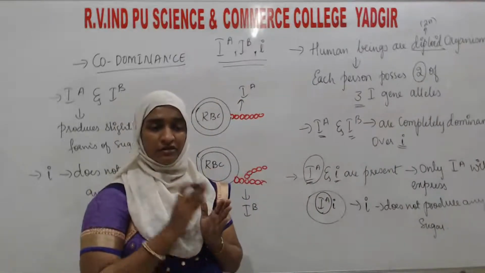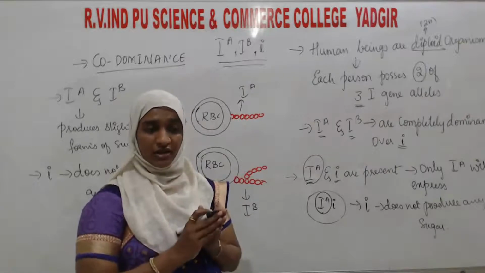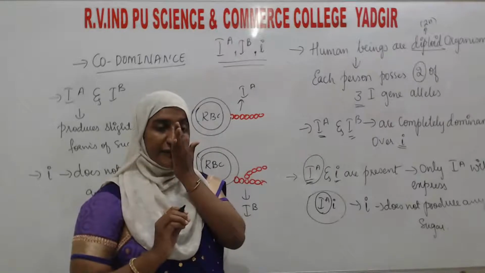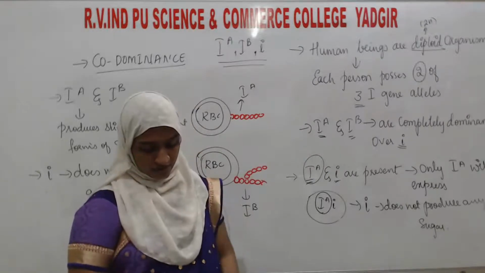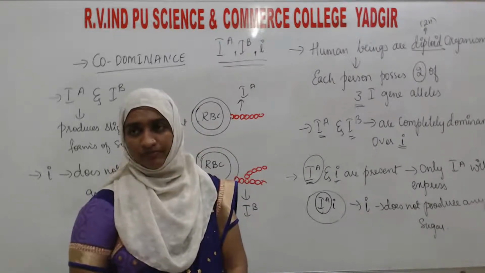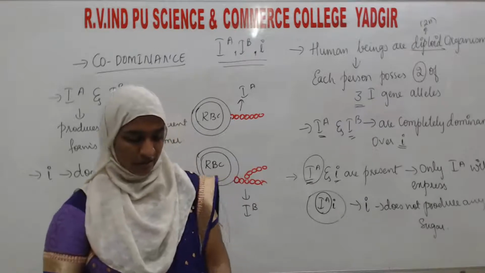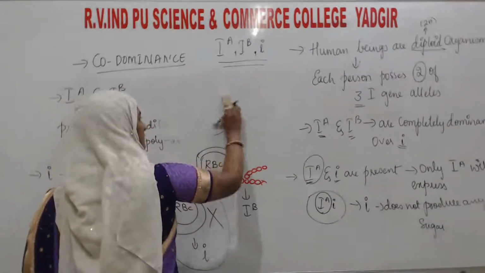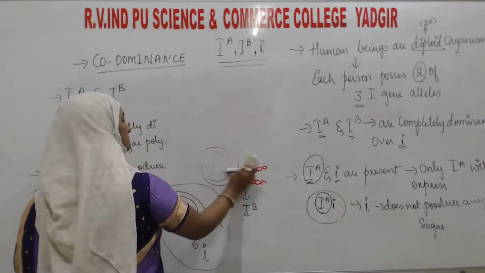The same condition you can see with the gene IB. If IB is present along with the small i, in that condition also, only IB will express, but not the small i. One more condition.